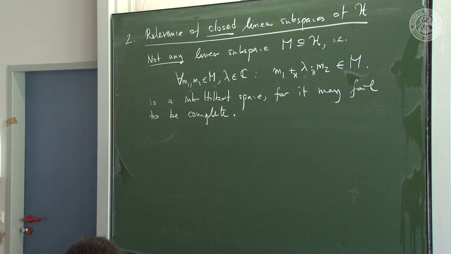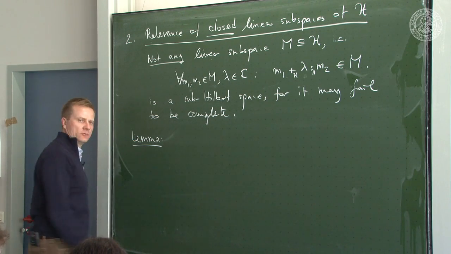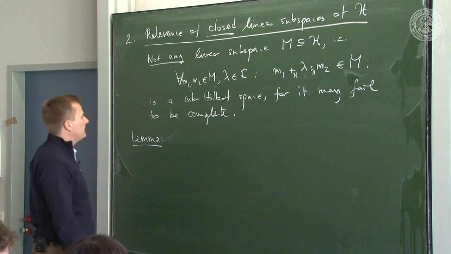So this is the problem of just taking a sub-vector space. And we have a little lemma from topology, which we're going to prove in order not to confine this to mystery.